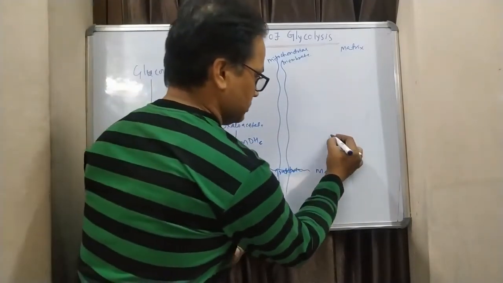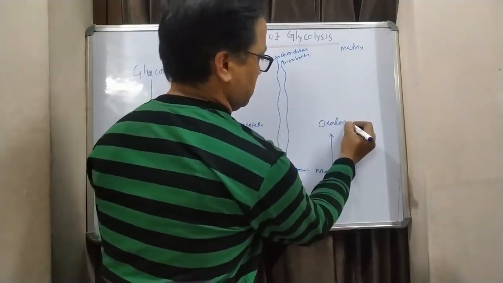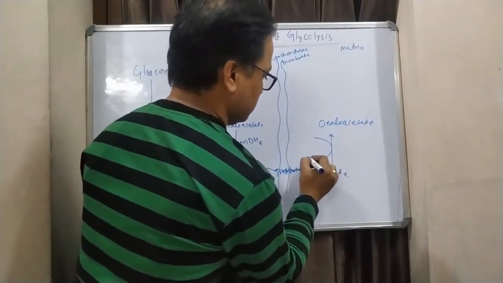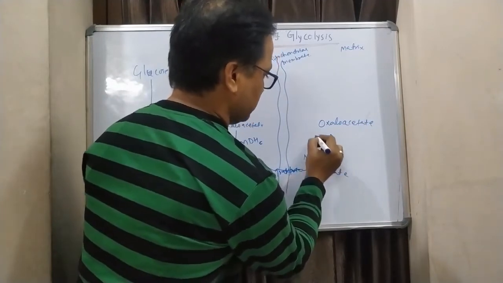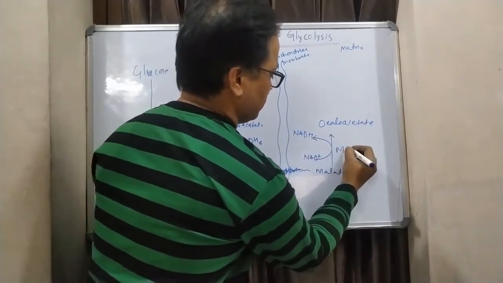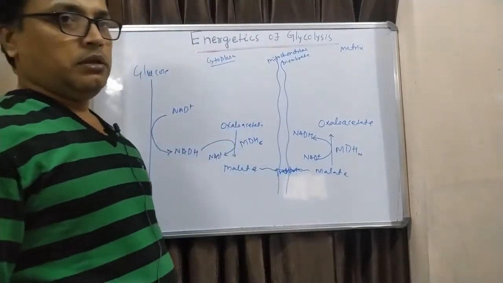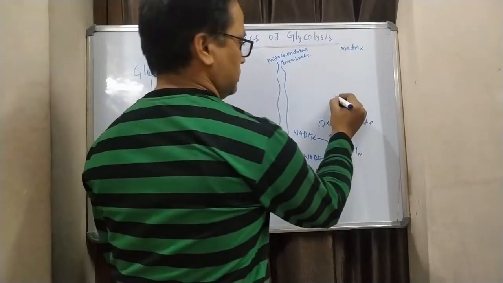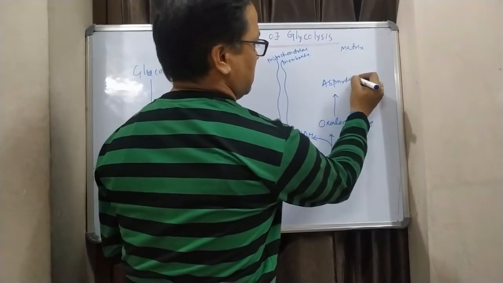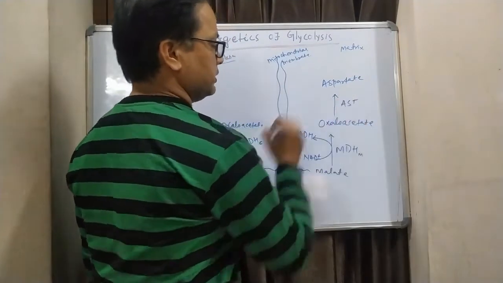In the mitochondria, this malate will be converted back to oxaloacetate, and it uses NAD plus, returning NADH. The enzyme is malate dehydrogenase, but it is the mitochondrial one. This oxaloacetate is converted into aspartate by the enzyme AST.